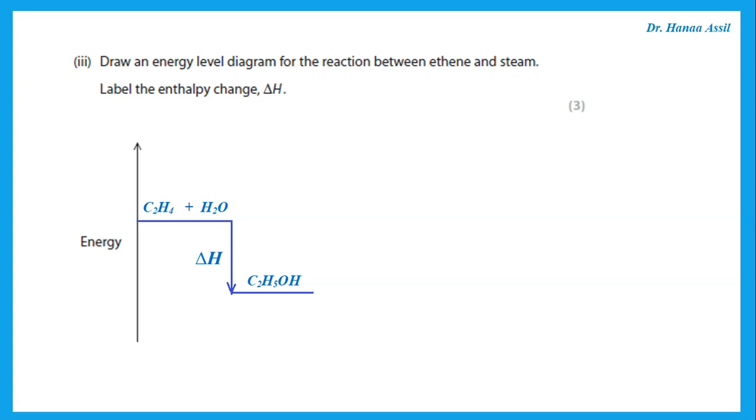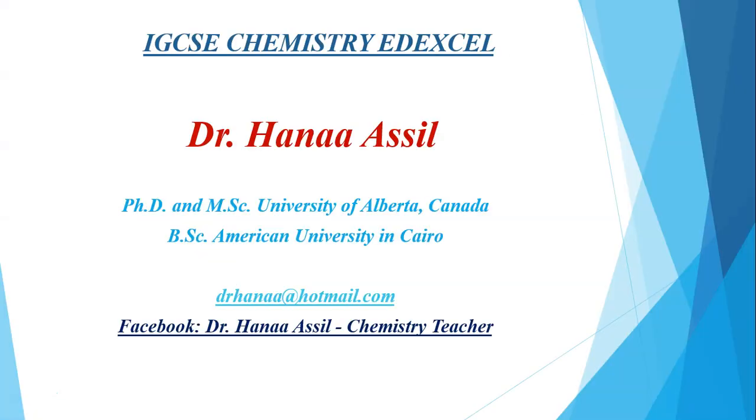This is exothermic, so products have lower energy than reactants, so the delta H is from reactants to products, and please label which reactants do we have, which products do we have from the equation as it is, and the delta H, of course, is an arrow going down.